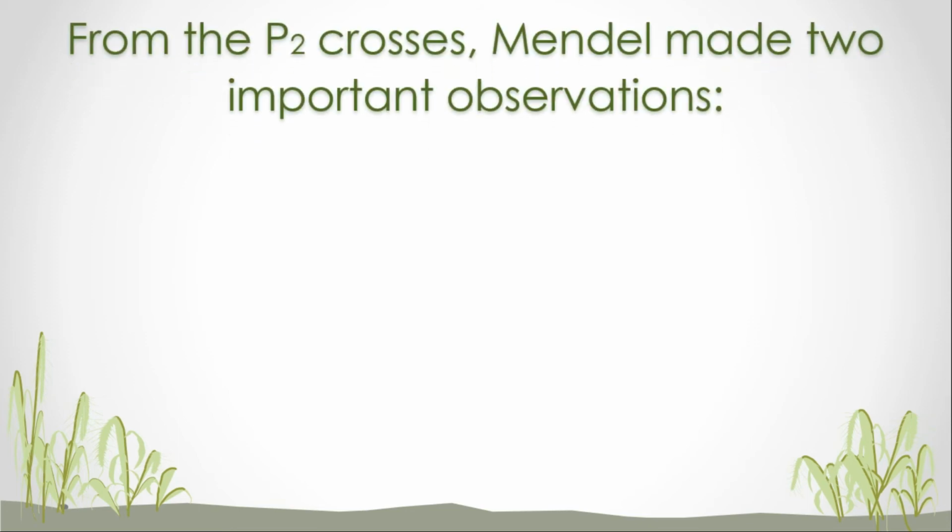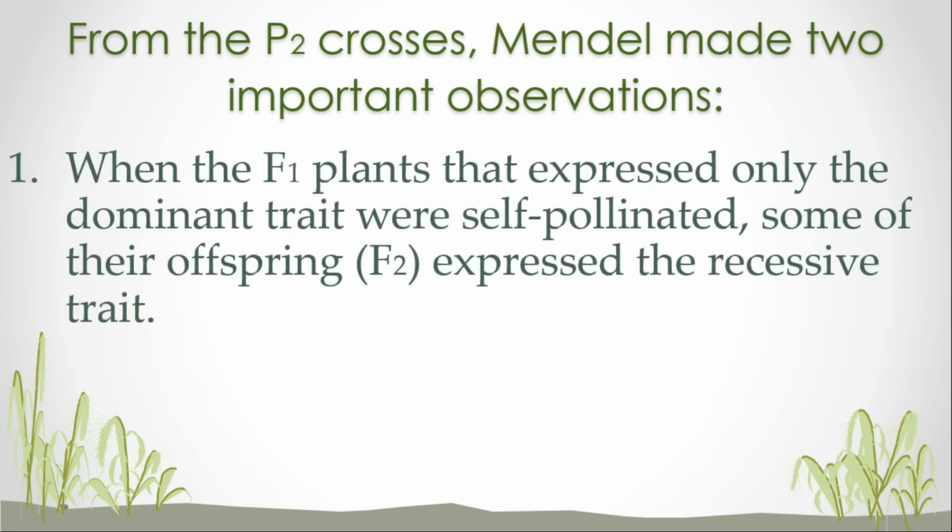So, from the P2 crosses, Mendel made 2 important observations. When the F1 plants that expressed only the dominant trait were self-pollinated, some of their offspring in F2 expressed the recessive trait. So, nakita na ni Gregor Mendel yung white na nawawala dun sa flowers.